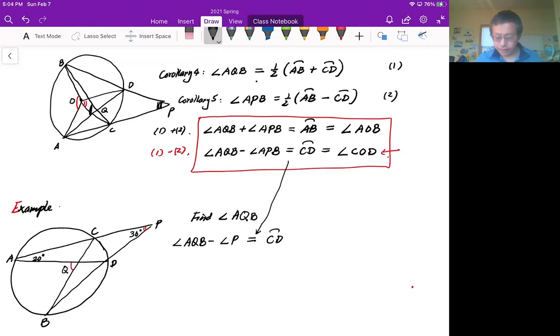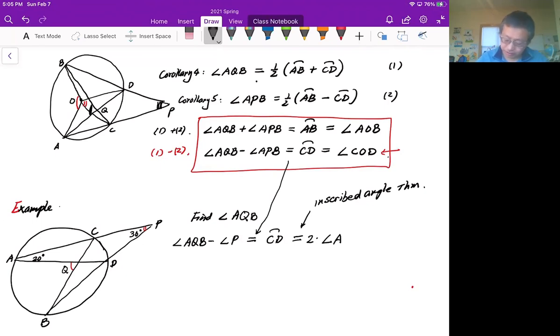All right. So let's see whether everyone understands that. So that's good. And how do I get the measure of the CD? The measure of the CD is twice the measure of the inscribed angle, which is A. That's the inscribed angle theorem, right? The inscribed angle A is one half of the arc of the CD, and then we are done.